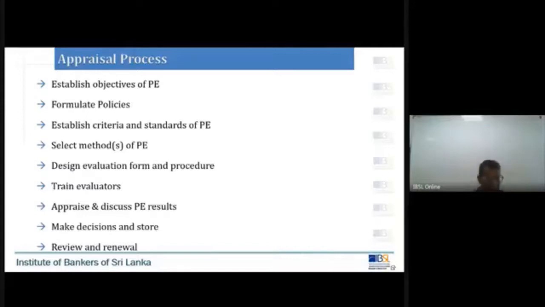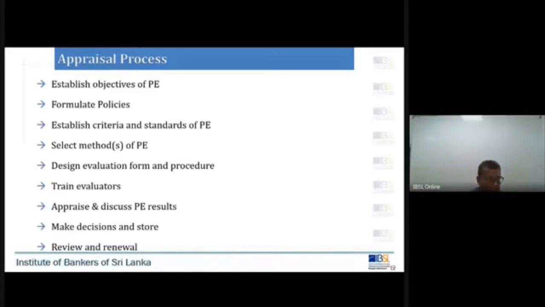Establish performance evaluation objectives and targets. For example, what are the targets given to you? Have you achieved a number of deposits, savings accounts, number of accounts like that? Those are the objectives. The second one we call formulate policies.